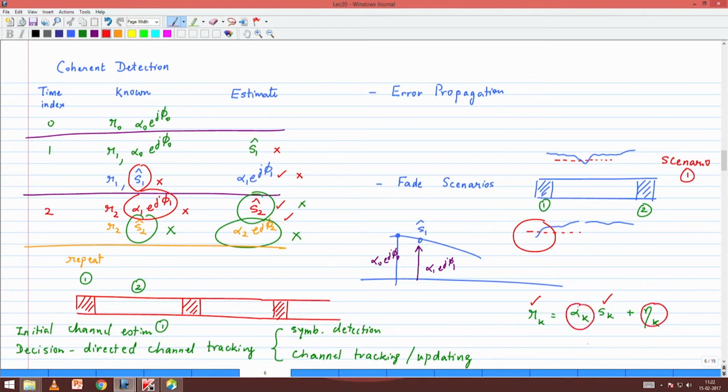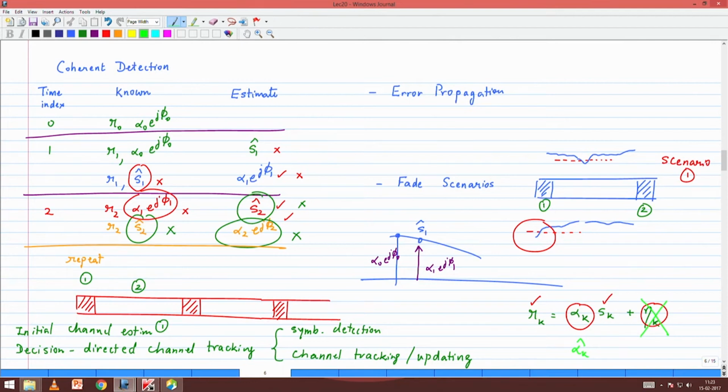Now, estimation of the channel coefficients is done using the assumption that my noise can be neglected. I keep the received data, the transmitted data which I know a priori, and I estimate alpha k hat. Is that correct? Everybody is clear with that? That's how I do it, because I don't know the noise and I have no way of estimating what was the noise sample. So I ignore the noise.